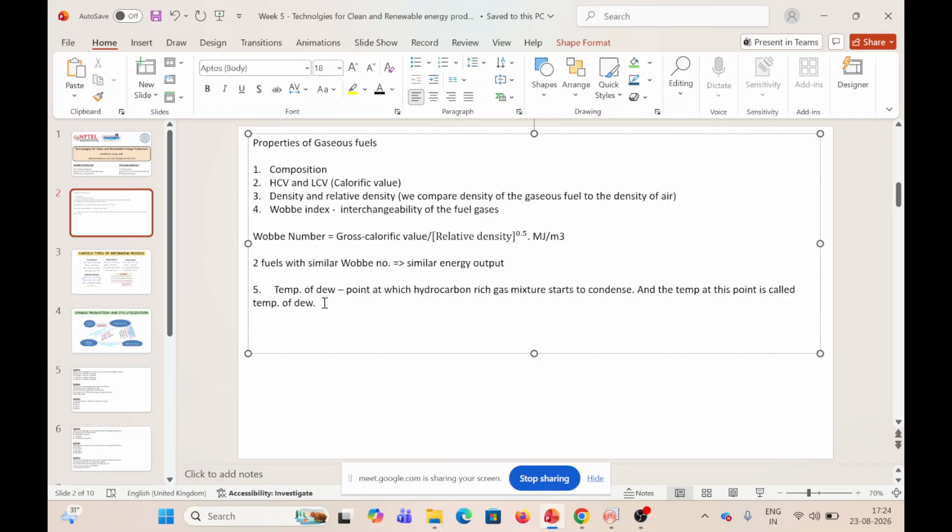The condensation point of a hydrocarbon rich gas mixture to its liquid form is called the dew point in the case of these gaseous fuels, and the temperature is called the temperature of dew.